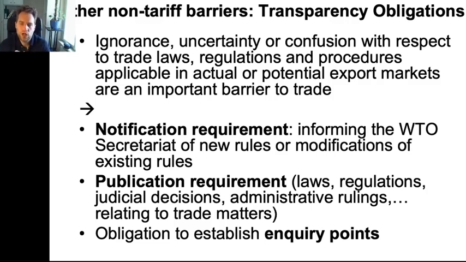We don't know the laws. We don't know whether the laws have changed. We don't know how foreign exports will be treated. So that's why there is a notification requirement and a publication requirement. Notification means that the WTO Secretariat has to be notified of new rules or modifications of existing rules concerning international trade. So in this case, someone at least needs to collect all of these rules, and they also have to be published.